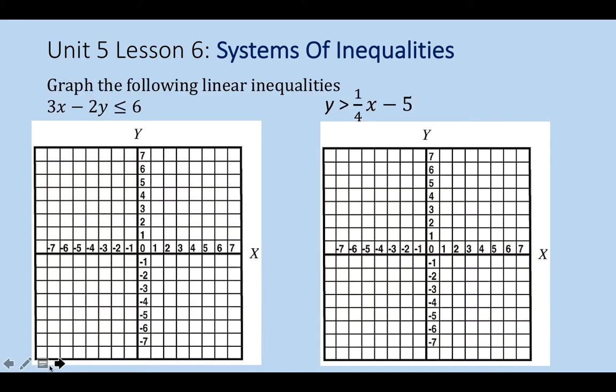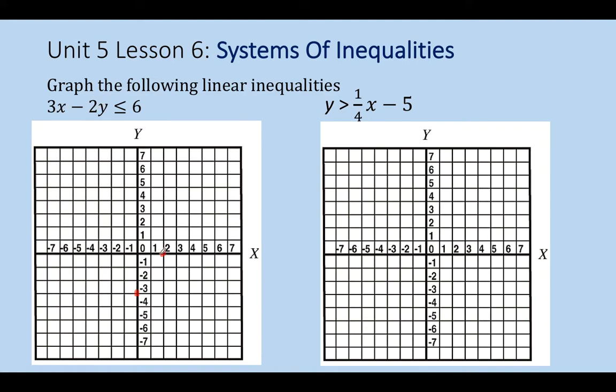All right, so here we go, some quick examples of just straight graphing linear inequalities as a review. Here I have something in standard form, and so I can use the cover-up method or graph the intercepts. So when x equals 0, y would equal negative 3. And when y equals 0, x would equal 2.